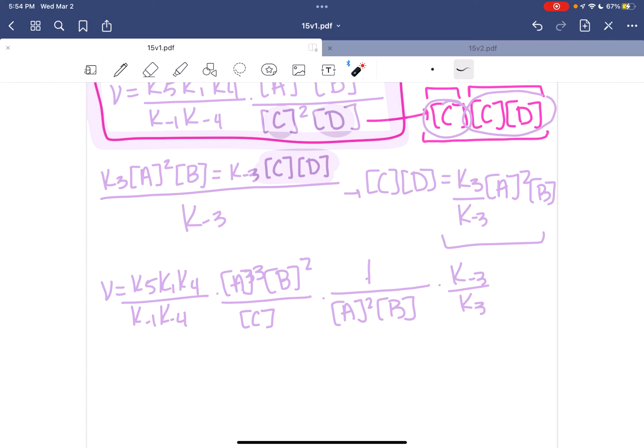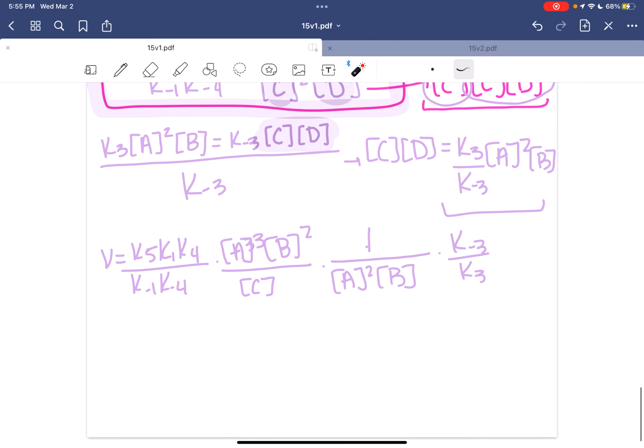And so that's going to flip everything in the equation. So they're going to go to the bottom of the fraction, and then this K3 over K minus 3 is going to be flipped like we see here. So we're just going to take the inverse because they're going from the top of the fraction to the bottom of the fraction. And then hopefully we notice that we can cancel out a few things.